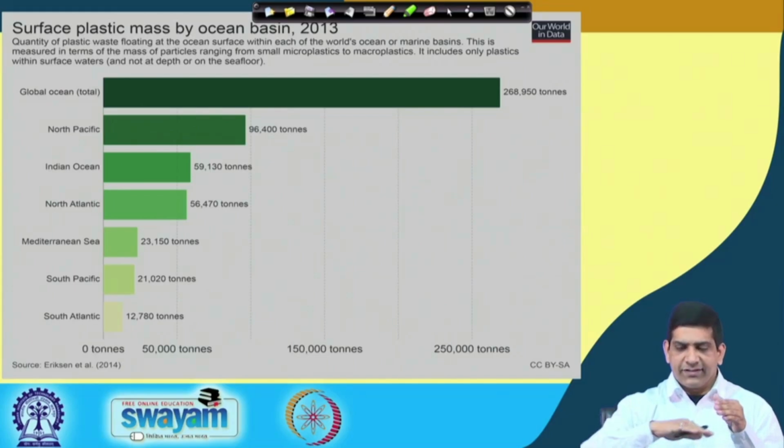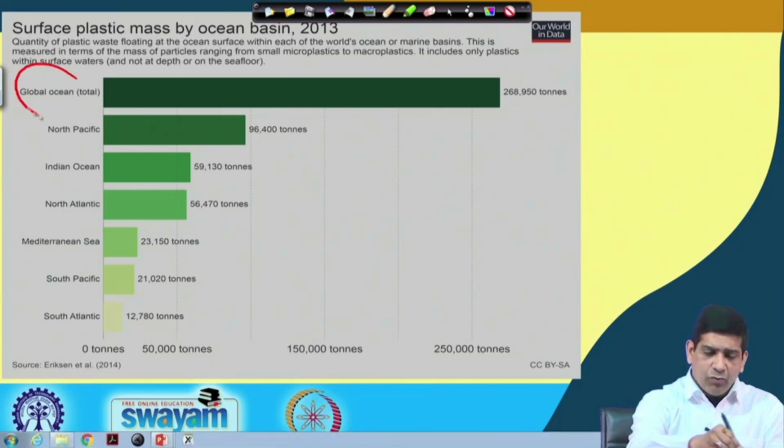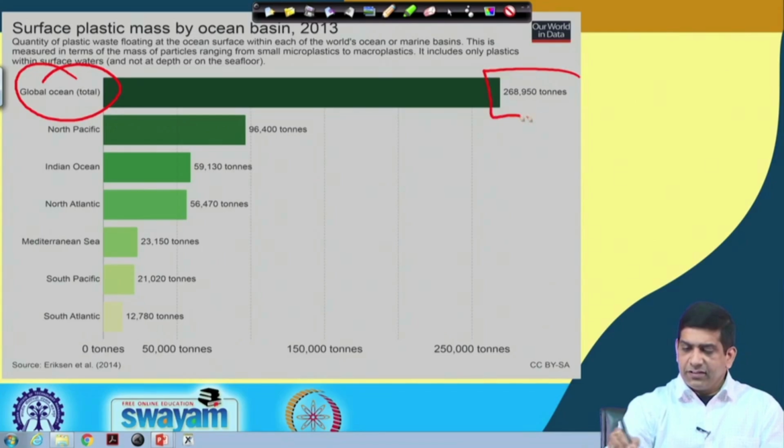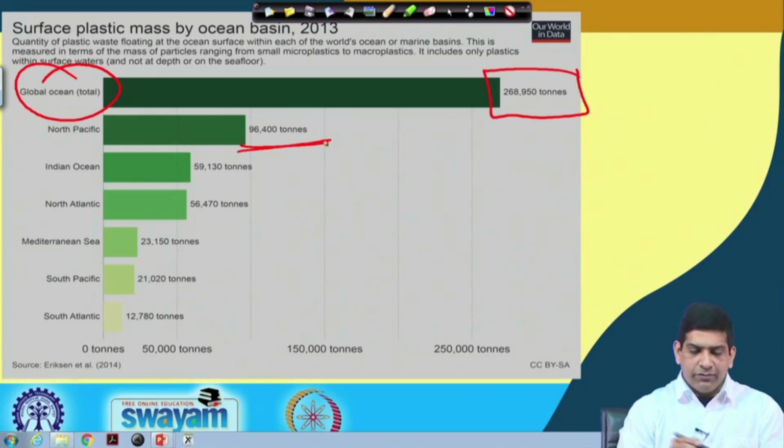So they're just looking at the surface of the ocean, and again, many of these are estimates. The global ocean total is close to 270,000 tons. North Pacific Ocean 96,400, Indian Ocean close to 60,000, then North Atlantic Ocean, Mediterranean Sea, South Pacific, South Atlantic.